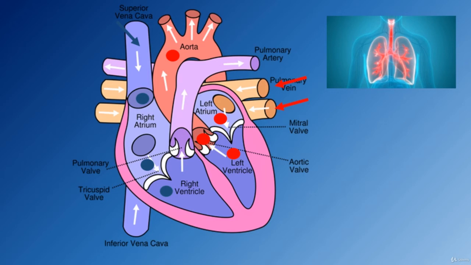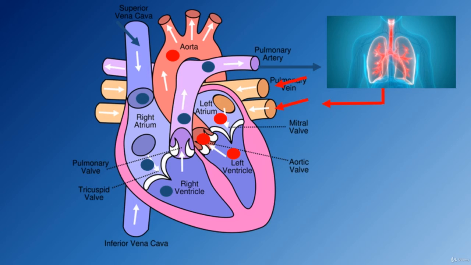Then the window closes and the heart contracts, so the blood goes up through the exit door to the pulmonary artery. This pulmonary artery will drive this non-oxygenated blood to the lungs, where the carbon dioxide will be rejected and the oxygen will be welcomed. And by this, we will get the oxygenated blood again that will return to the left heart to be delivered to the body, and so on.